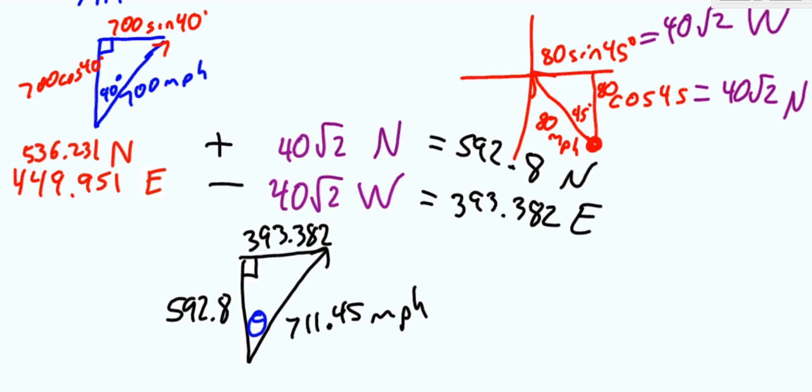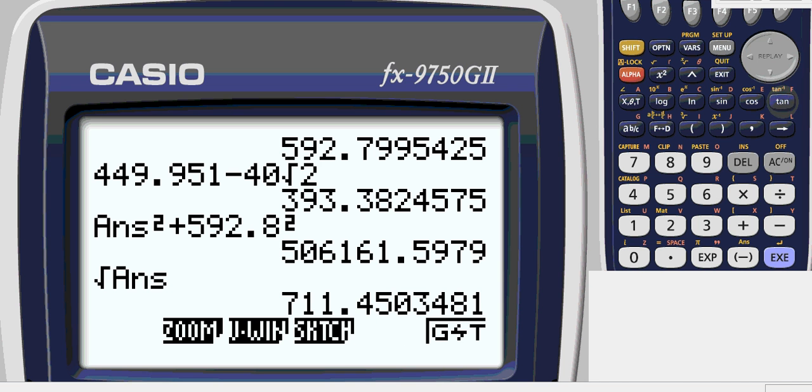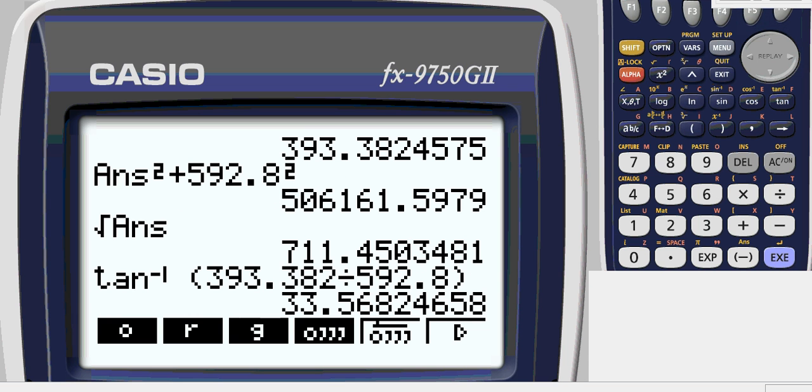So we'll do the 393 over the 592 and type that into an arctangent. So our angle there is 33.57 degrees.